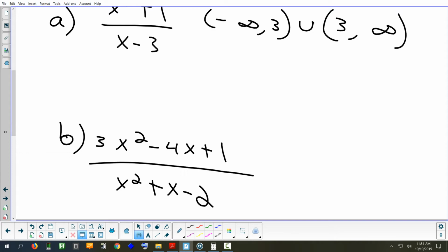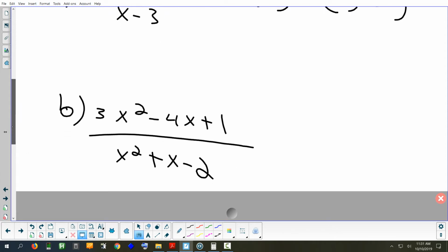Okay, let's look at this one. Why are the values that make the denominator 0 a little harder to find this time? I think that's 1. Except 1. Well, how come this is taking longer?